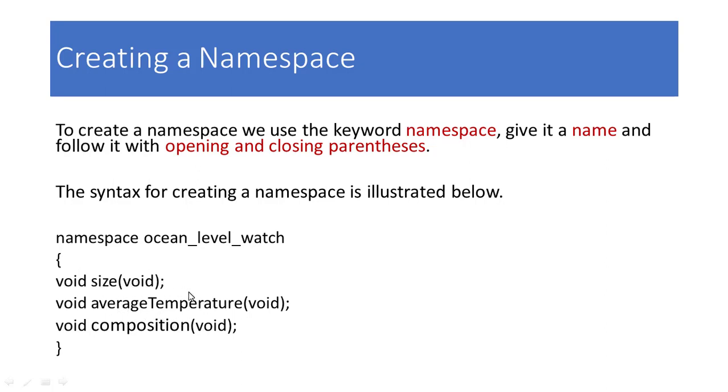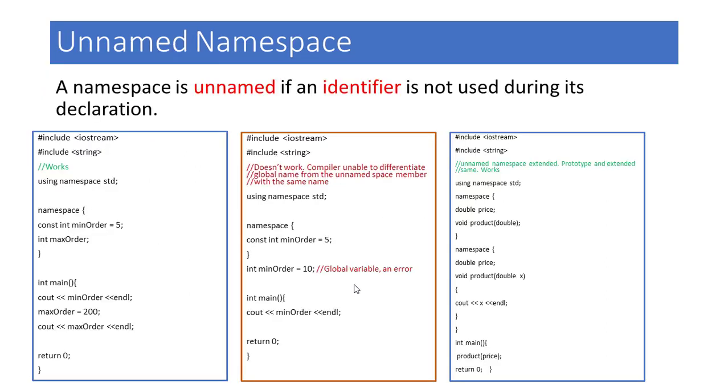Here we have void size, void average temperature, void composition. These are some functions that we are going to use inside this namespace ocean_level_watch. This is how you create a namespace in C++. I will say more about that later on in the video.